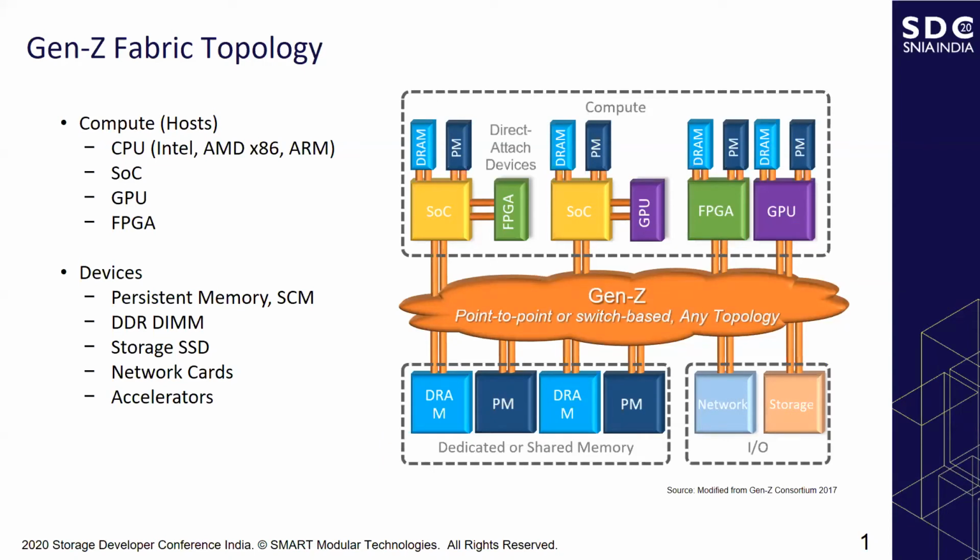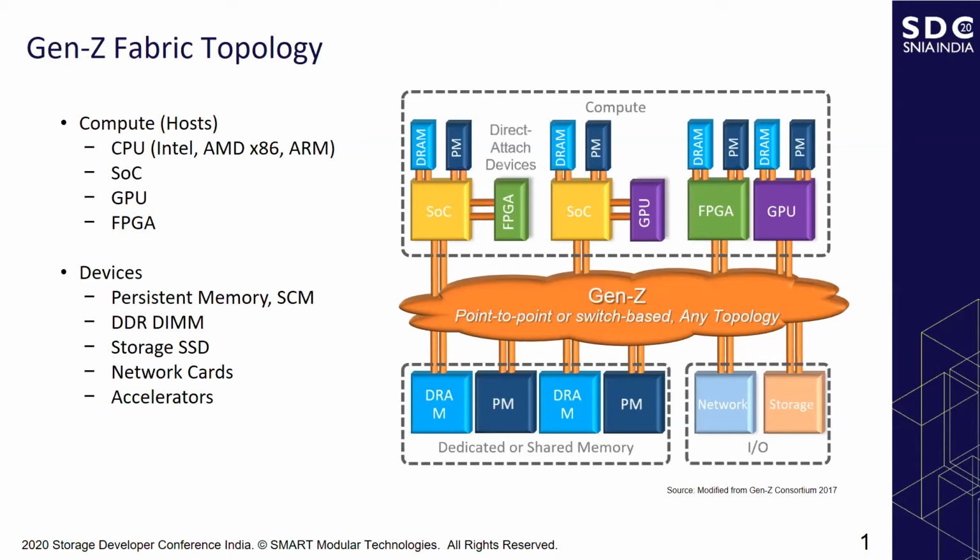What you see over here in this diagram is SoC, FPGA, or GPU based multiple compute platforms, which can be from any vendor. They all are talking to memory devices which are sitting on the other side of the network. And this is where the benefit of fabric attached protocols like Gen Z comes into play, that they have decoupled your compute infrastructure from memory technology.